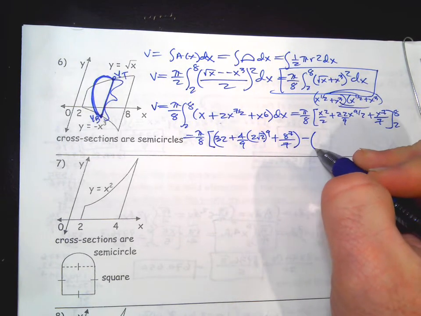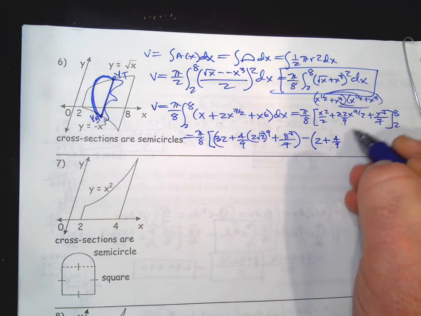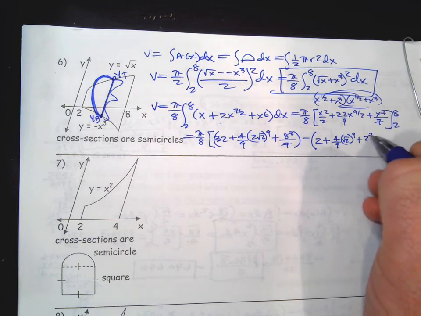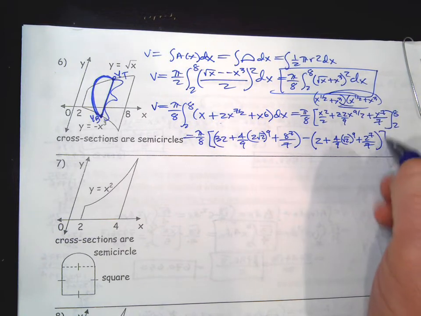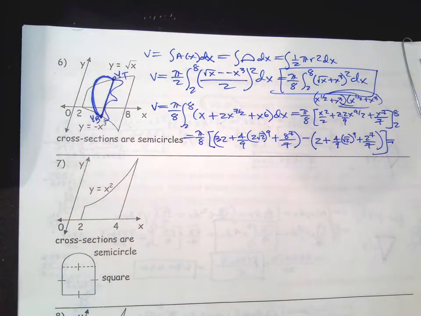Minus, you plug 2 in, you get 2 plus 4/9 square root of 2 to the 9th power plus 2 to the 7th over 7. I'm not going to show any more simplification. I'm just going to let that go.